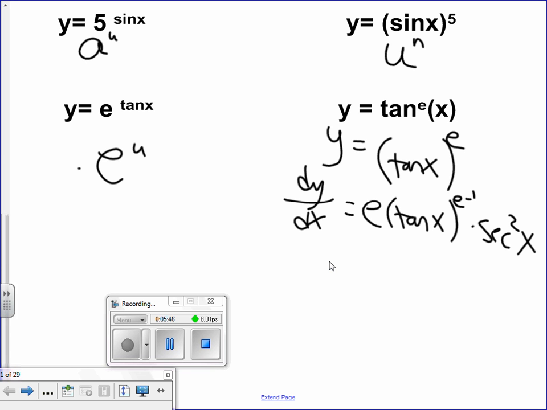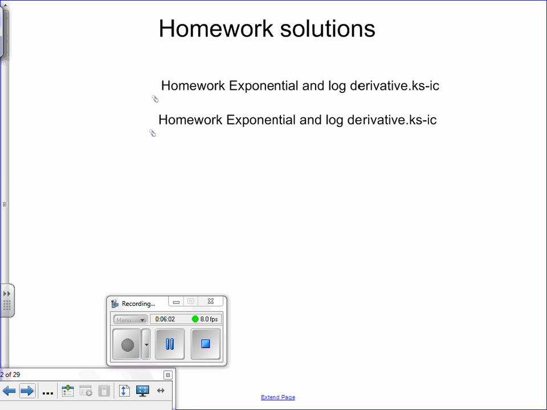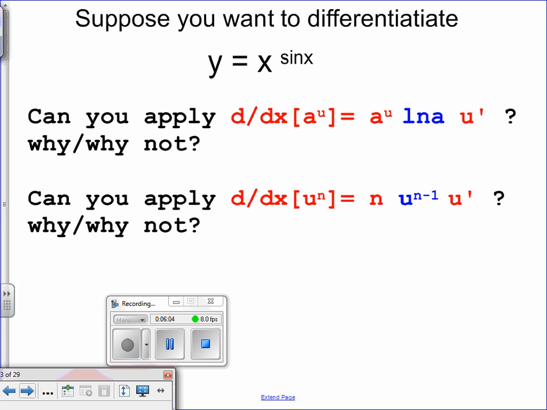So you're feeling real good about yourselves, right? I can differentiate anything. Anything with an exponent, right? You feeling real sure about that? All right, what would we use? Let's look at this one. Suppose we want to find the derivative of x to the sine x.